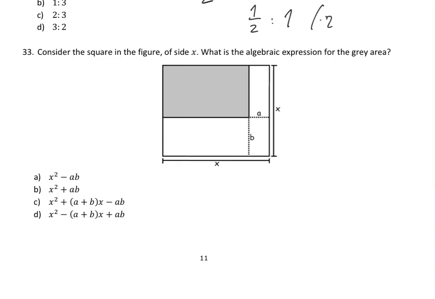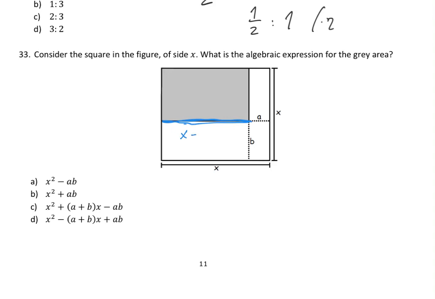So what is this length? The base. X minus A, because all of that was X, and we took A from it. And what is this length? The whole length was X, and we took B from it.